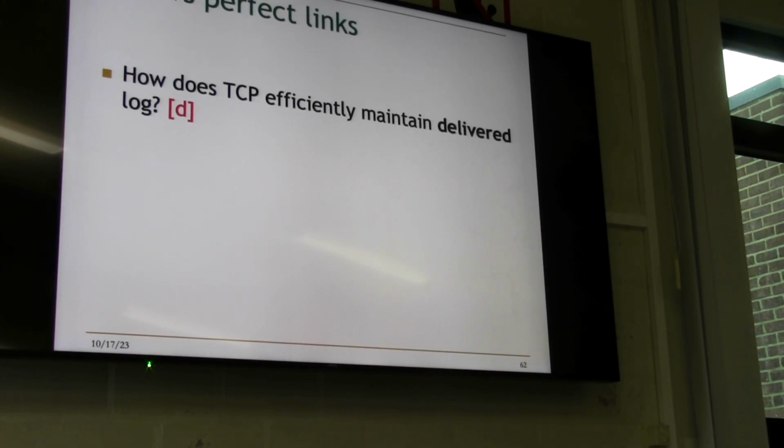But in practice, we have this thing called TCP, Transmission Control Protocol, which kind of does some of this. So TCP, for example, will send messages and, if a message does not arrive after a certain time, a packet, it will request that the packet be sent again, okay? And so it also has to remove duplicates.